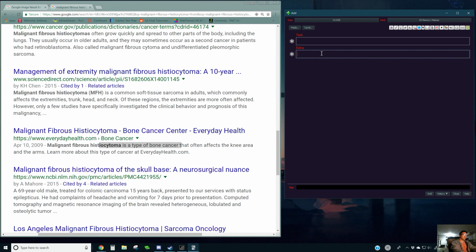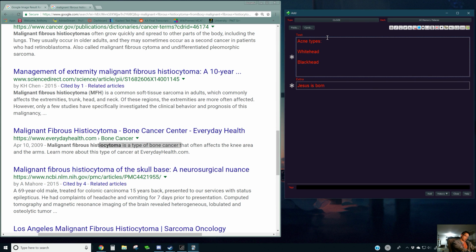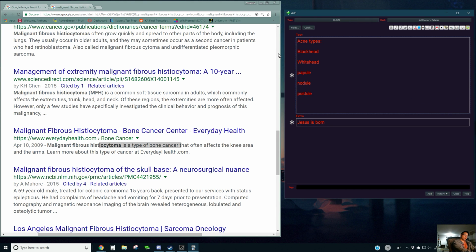Next one, acne types. Whitehead, blackhead, sorry. I should do this in proper order. Blackhead, whitehead, papule, nodule, pustule, cyst.